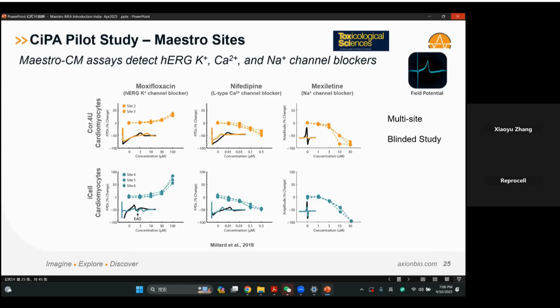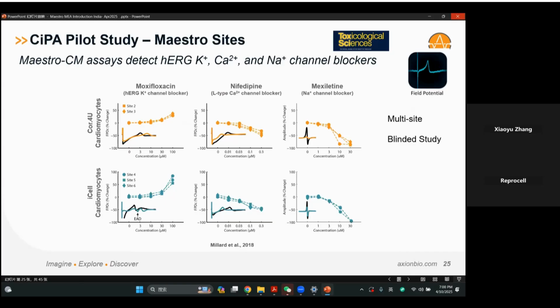And here is the example of raw field potential waveforms. The black lines are the baseline waveforms, and the orange and blue waveforms are the treatment or dosing waveforms.